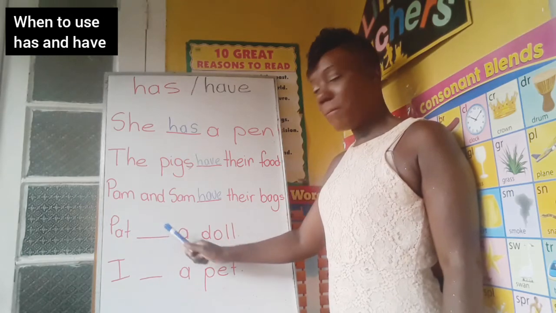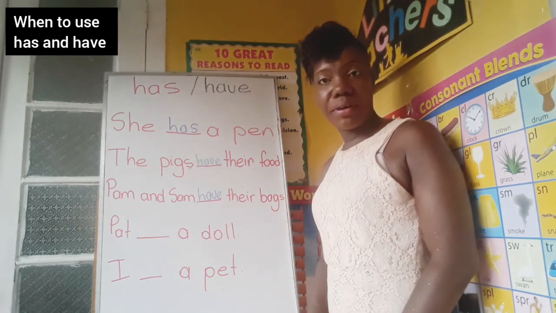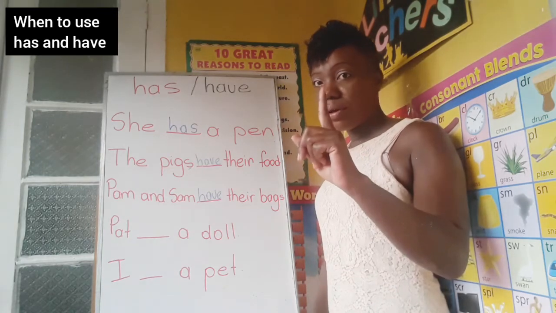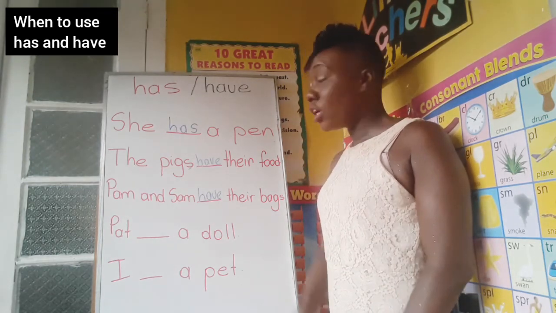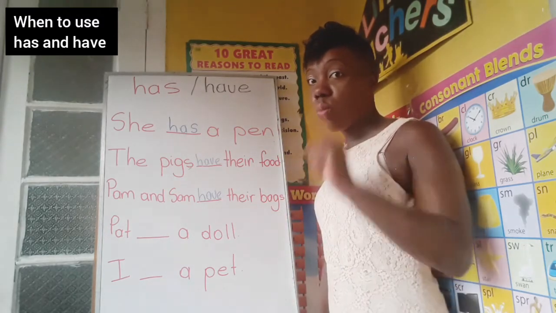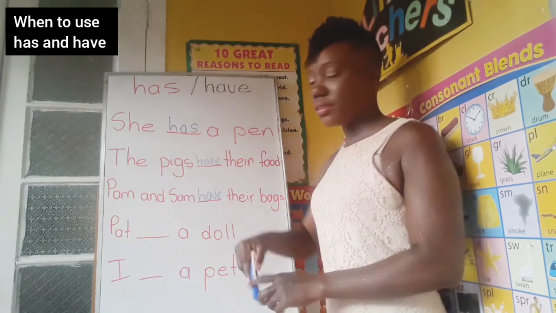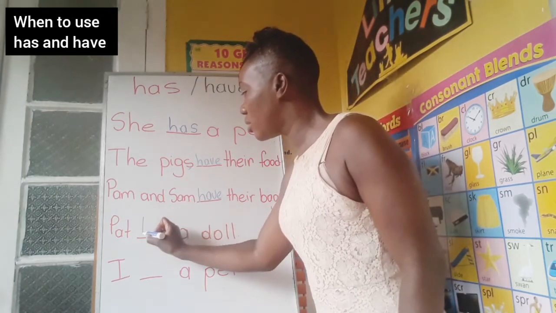Pat, a doll. Now Pat is how many persons? One person. Very good. Now which one of these would you use with one noun or one person? Has. Very good.